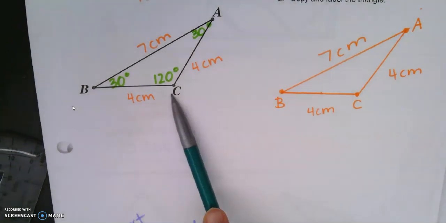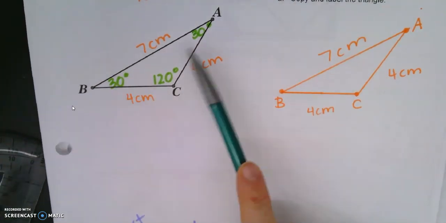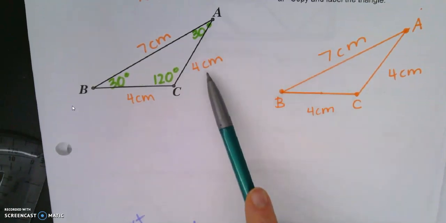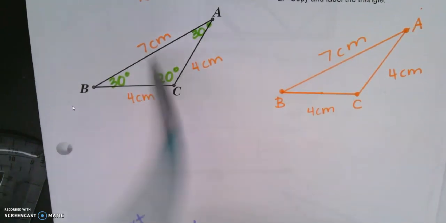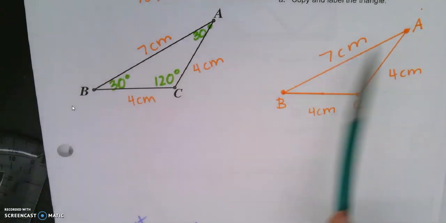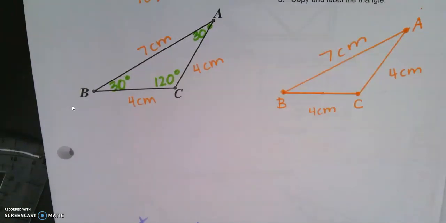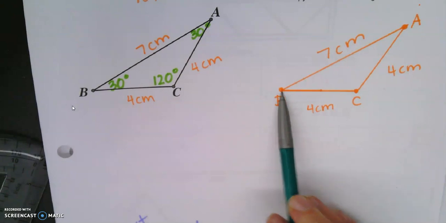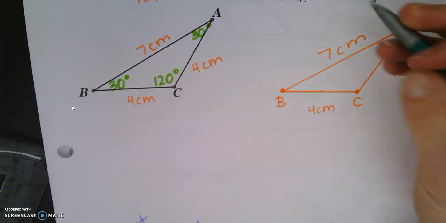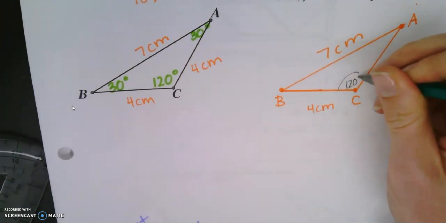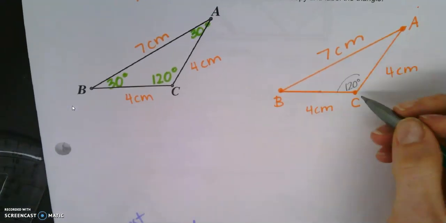So when I measured the angles, I got 120 degrees, 30 degrees, and 30 degrees. And my side lengths were 4 centimeters, 4 centimeters, and 7 centimeters. I copied my triangle. When I first copied this, I first did side BC, and then I measured this to be 120 degrees and made my line.